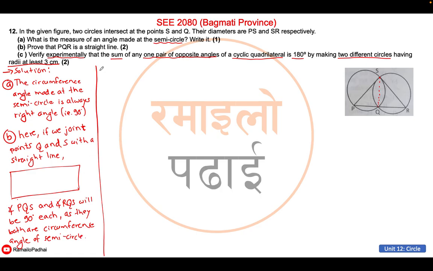Fine. Now angle PQS plus angle RQS is equal to 90 degrees plus 90 degrees, which is equal to 180 degrees.